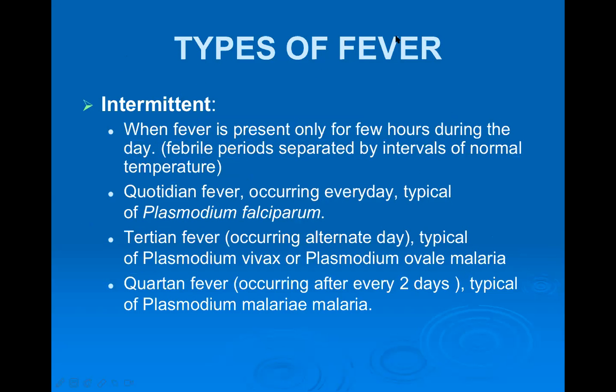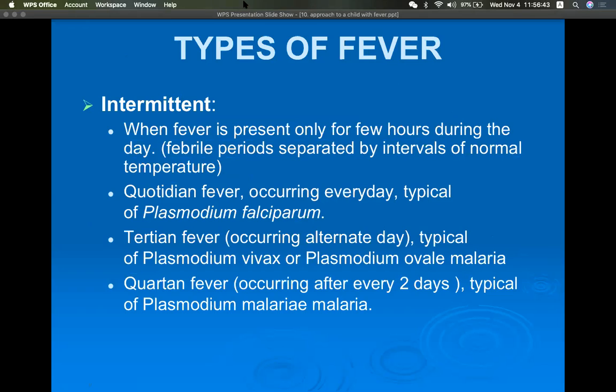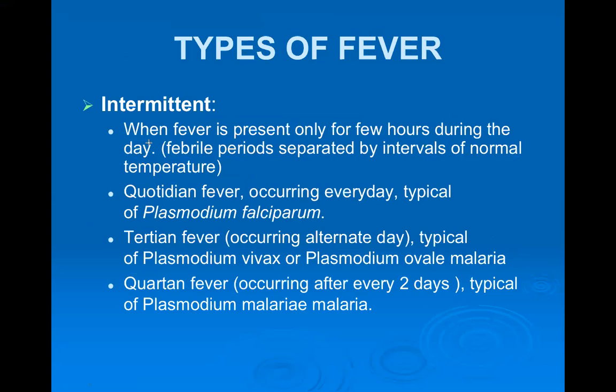Let's move on. What is intermittent fever then? Now see here, fever is present only for a few hours during the day, and in between there is a fever-free period. The patient is all right, there is no rise in body temperature between the febrile periods.